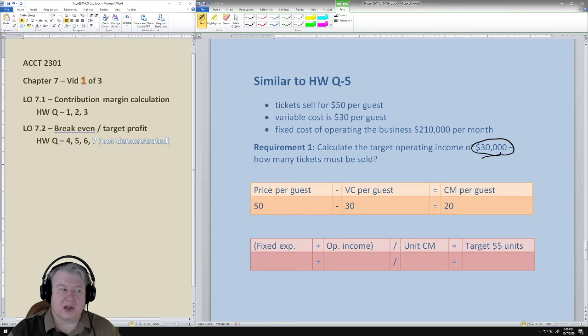So we'd figure out the contribution margin per guest, and we would do the same thing. The only difference is we need to sell enough tickets to cover our fixed expenses, plus an additional set of tickets to cover our desired income, our desired profit. So we would add those two together and then divide by 20.